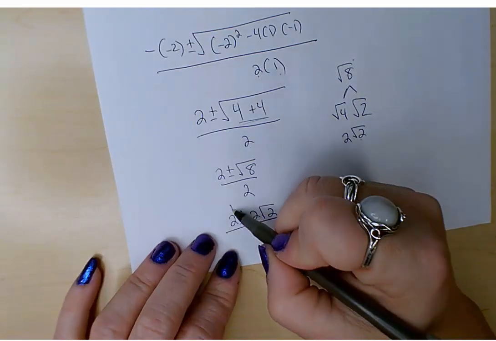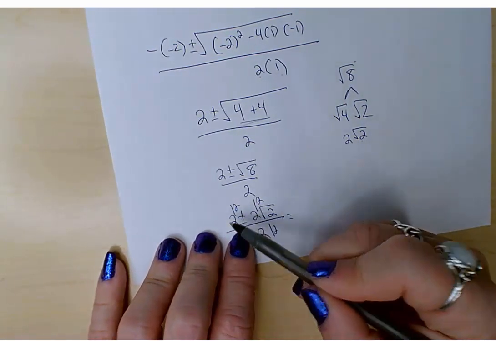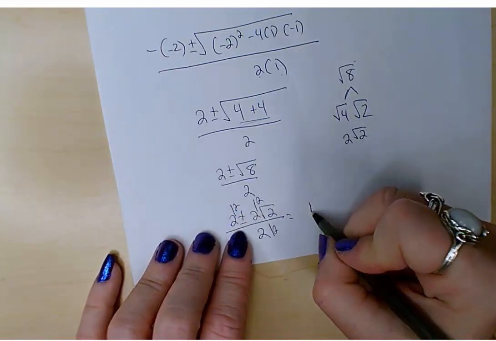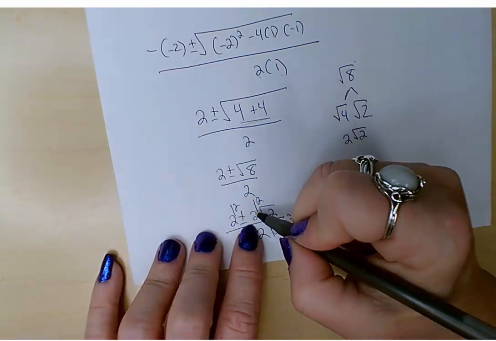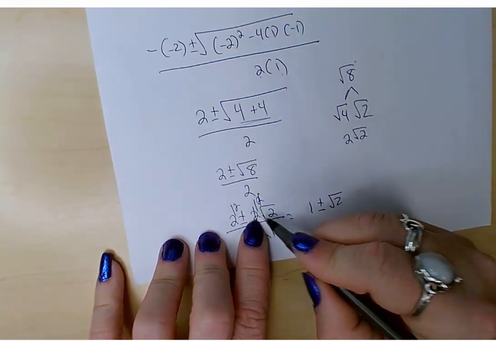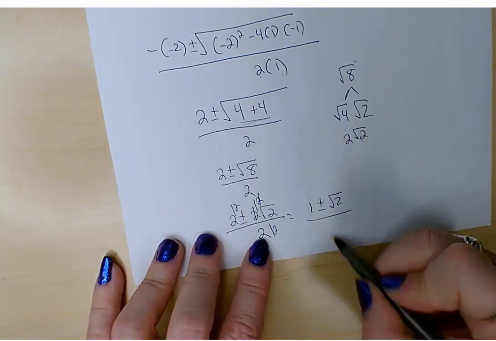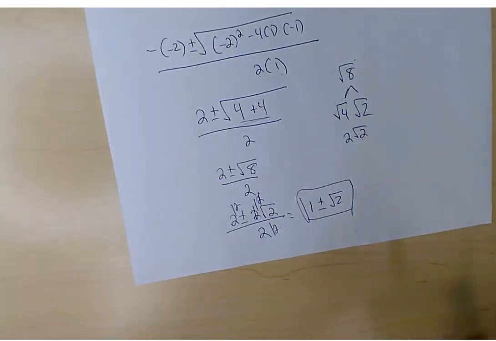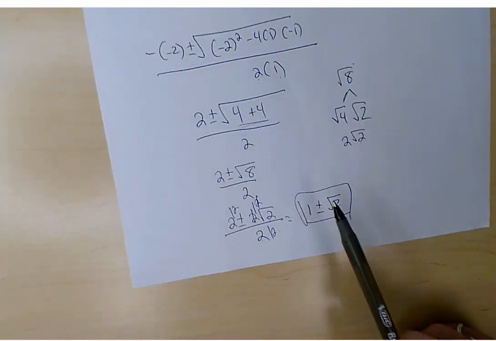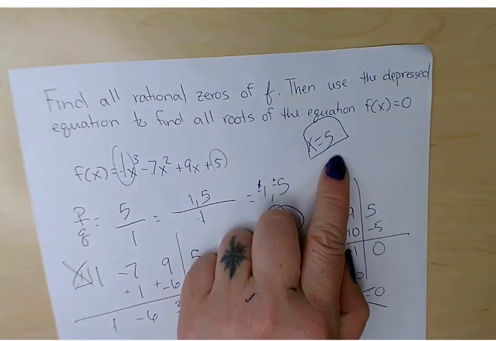Reduce your fraction. Divide everything by a 2 to get 2 divided by 2 is a 1, plus or minus 2 over 2 cancels out to a 1, and 1 square root of 2 is just square root of 2. Over 2 divided by 2, which is a 1, which is insignificant here. So our second and third solution, 1 plus or minus the square root of 2, and don't forget that we had that x equals 5 here.